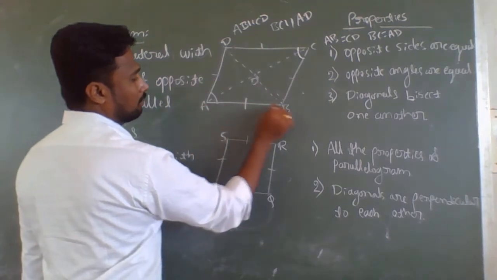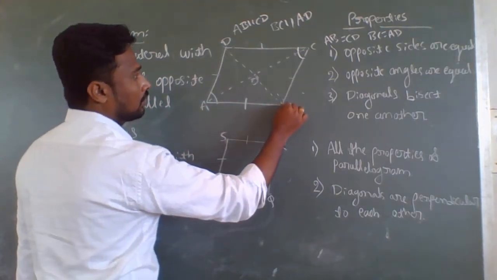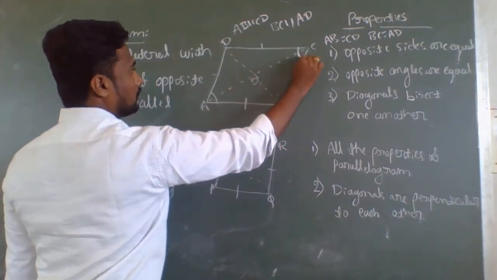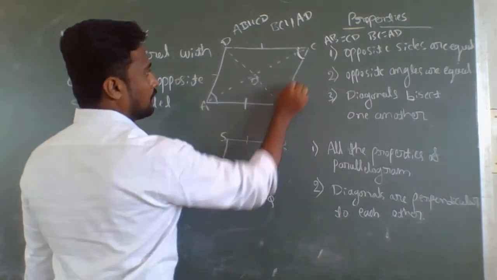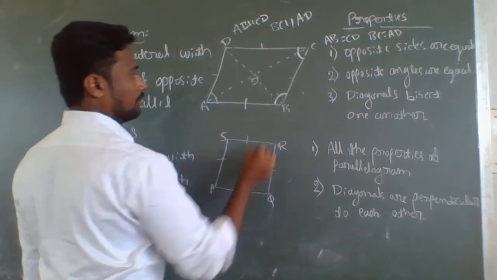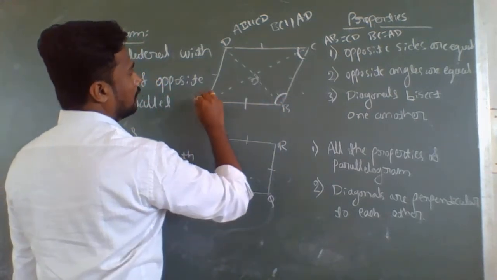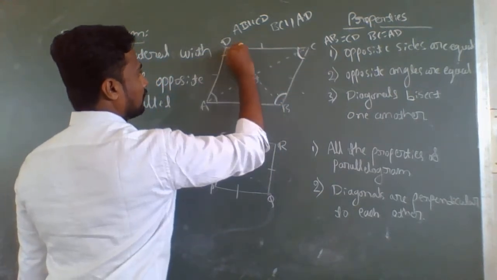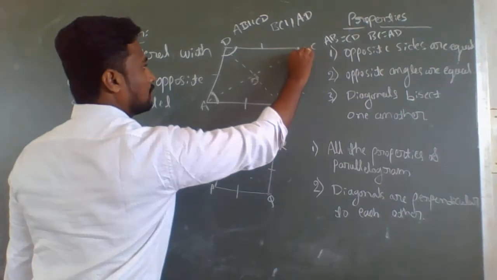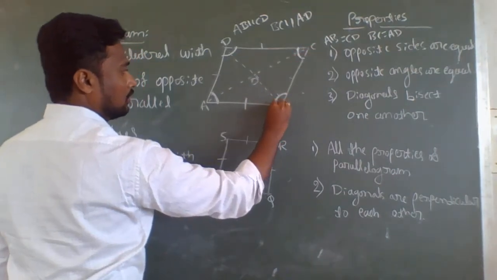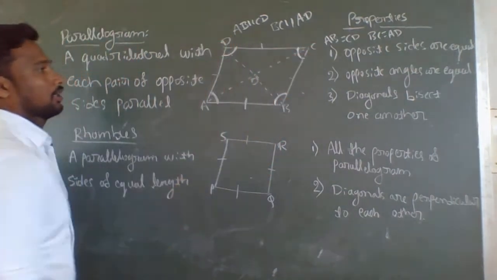Angle DAB equals angle BCD. These two angles are equal to each other. Like that only, angle ABC equals angle ADC. So here, opposite sides are equal, this angle is equal to this angle, and this angle equals this angle.